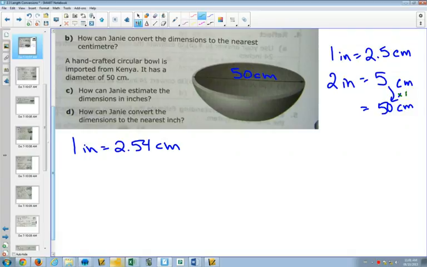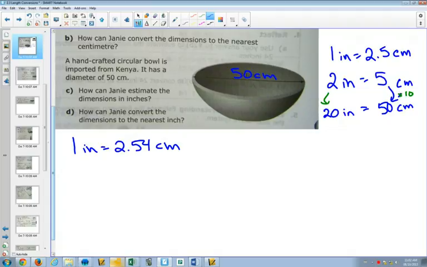So if you multiplied by 10 to get to 50 there, how many inches do you think it would be? About 20 inches. As an estimate, I could multiply by 10. If I know 2 inches is 5 centimeters, then 20 inches will be about 50 centimeters.